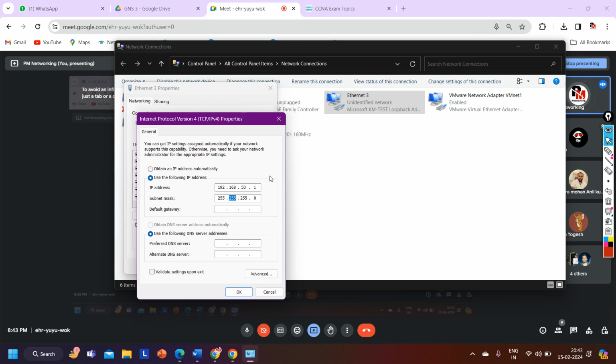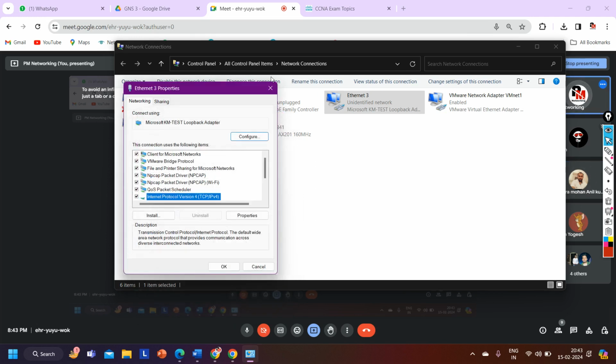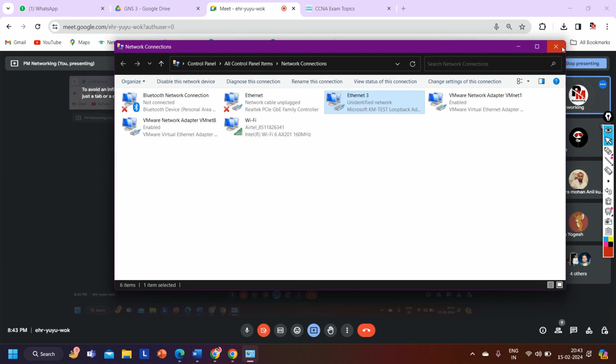And the subnet mask is the tool which tells you how many network bits and how many host bits there are. This subnet mask is telling me that in this IP address, 24 bits are network bits and 8 bits are host bits. Don't worry if you don't know, I will tell you in IPv4 addressing.